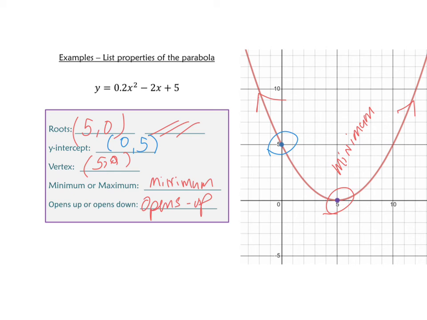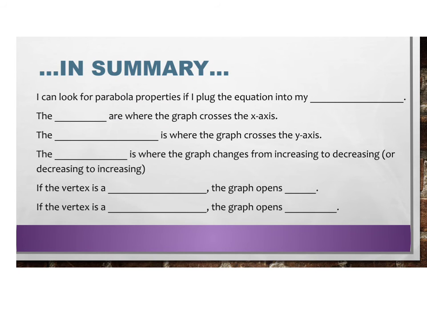Identifying these various parts of a parabola, the very top or the very bottom, and whether it opens up or opens down is important. In summary, I can look at a parabola for properties if I plug the equation into my calculator.